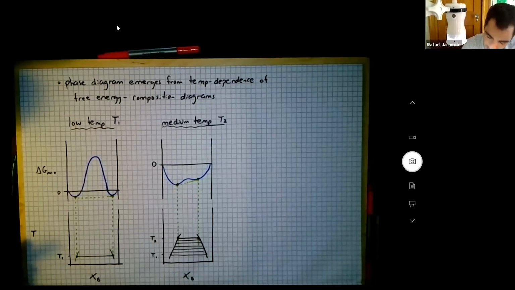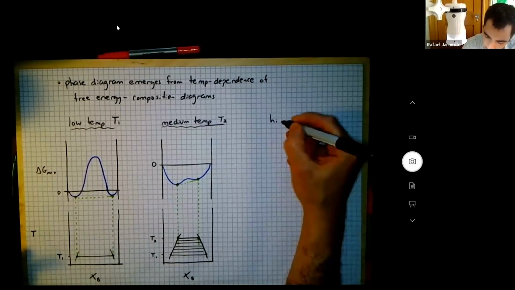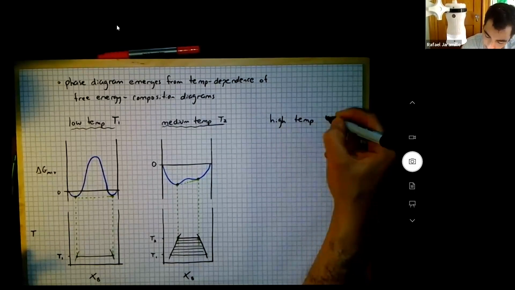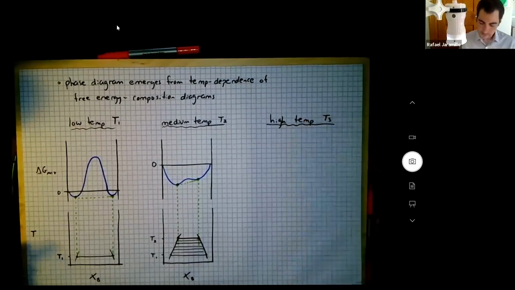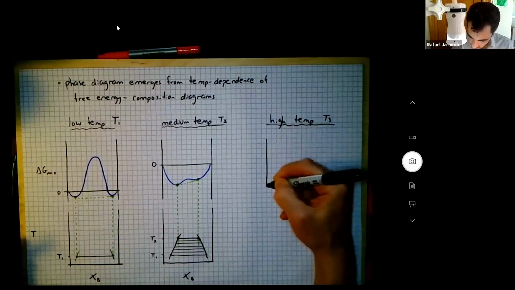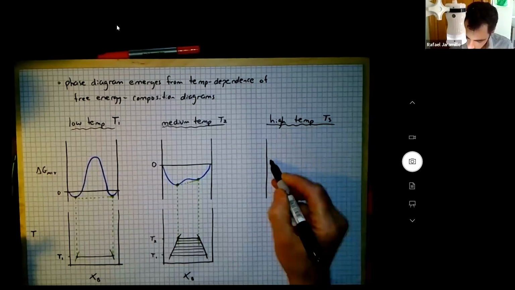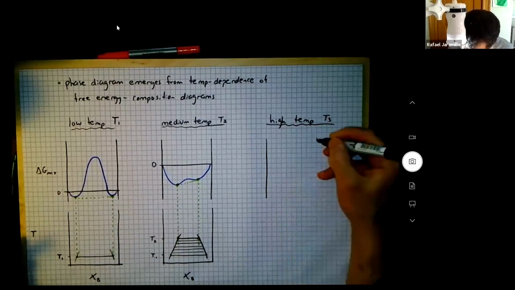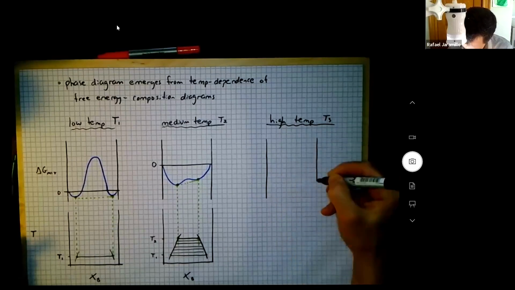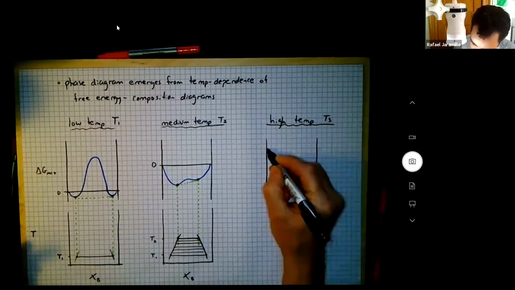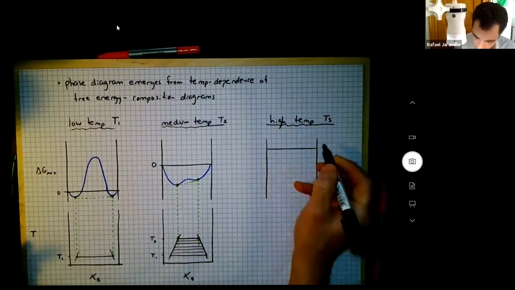And then at high temperature, T3, let's do it again. At high temperature, I know that my free energy of mixing will pretty much be strictly negative.